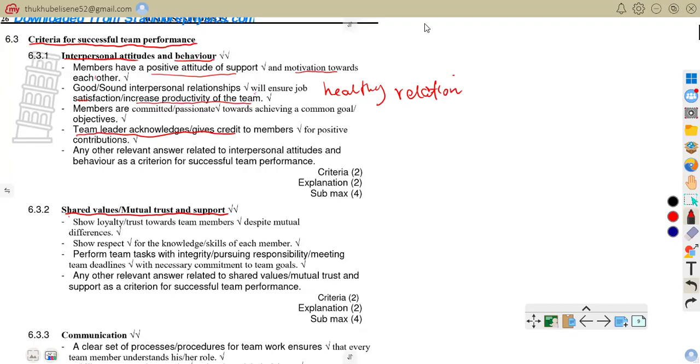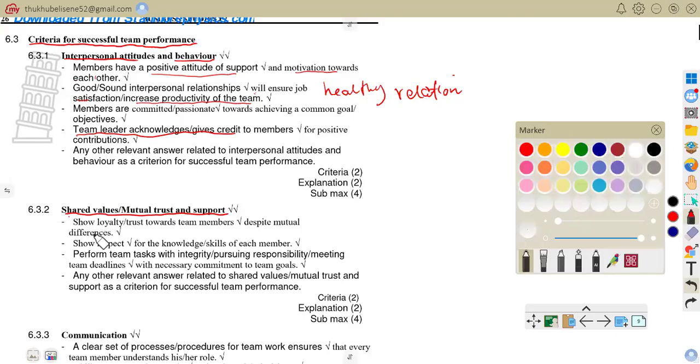So we have to be loyal. That is why we are saying show loyalty or trust towards the members, despite mutual differences. We know we have differences, but if we can show that loyalty and trust towards team members, that as well can make our team successful.